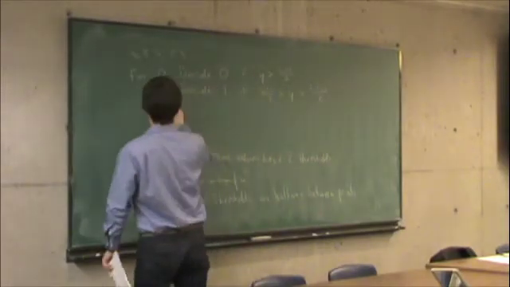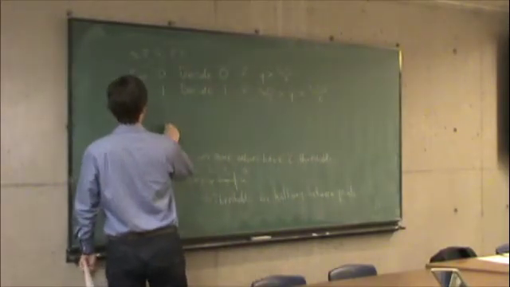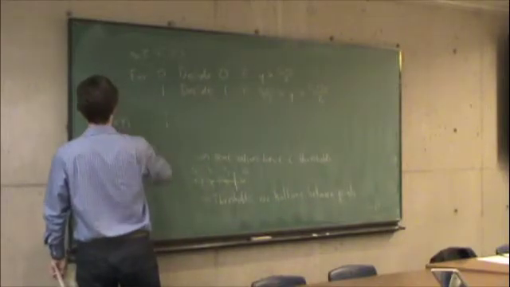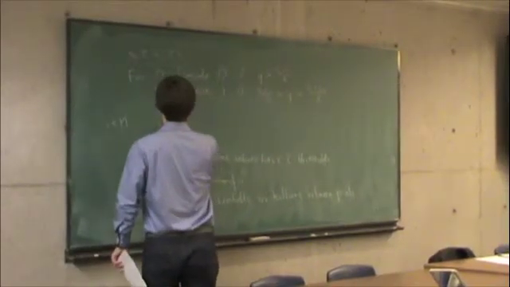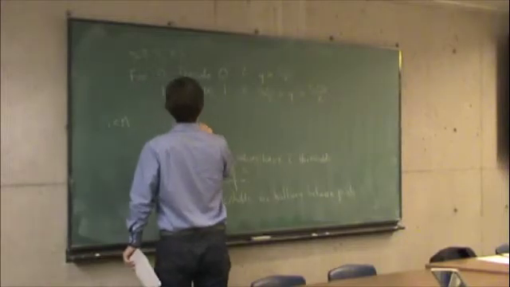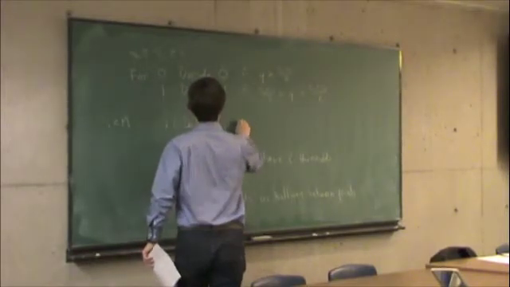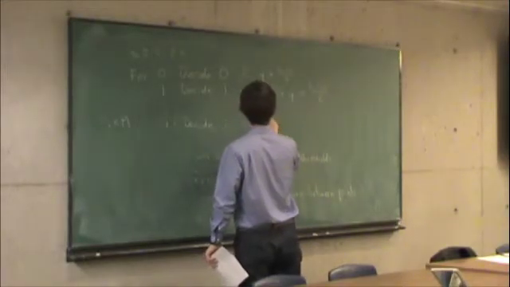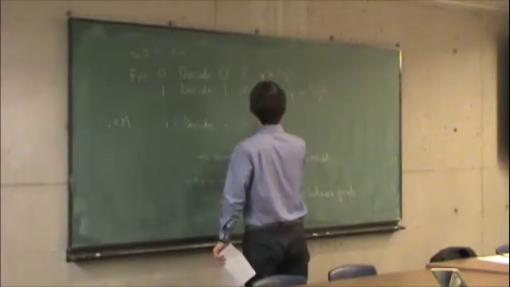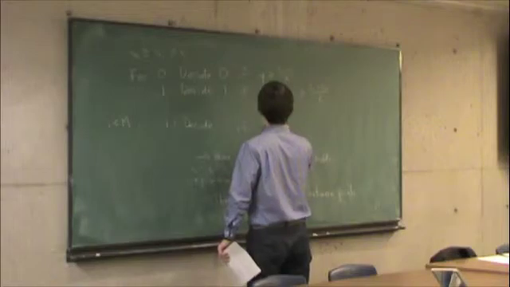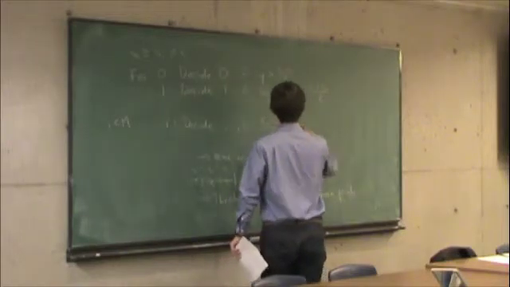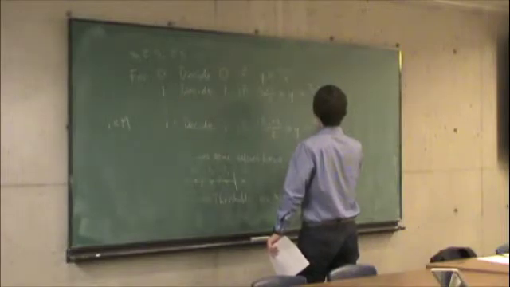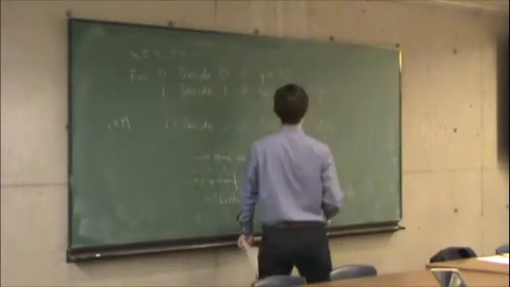For 2, and so on, for any i, where i is less than m, decide i if Si minus 1 plus Si over 2 is greater than y, is greater than Si plus Si plus 1 over 2.